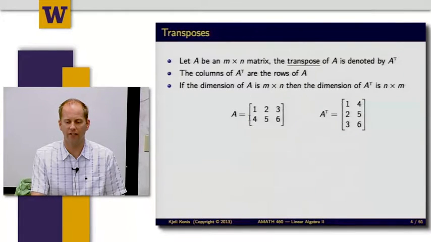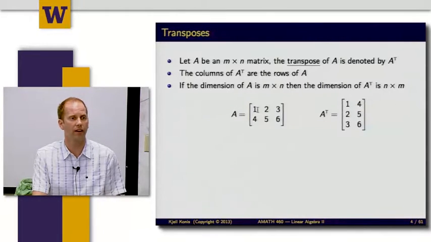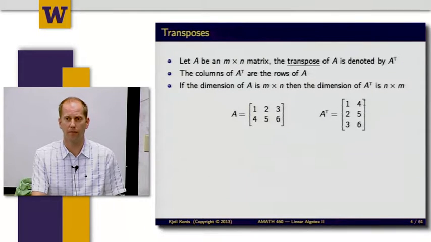If A is just 1, 2, 3, 4, 5, 6, so the first row is 1, 2, 3, then the first column of A transpose is 1, 2, 3. And when A is not square, note that the dimension changes too. So it goes from being a 2 by 3 matrix, so A has 2 rows and 3 columns, A transpose then has 3 rows and 2 columns.